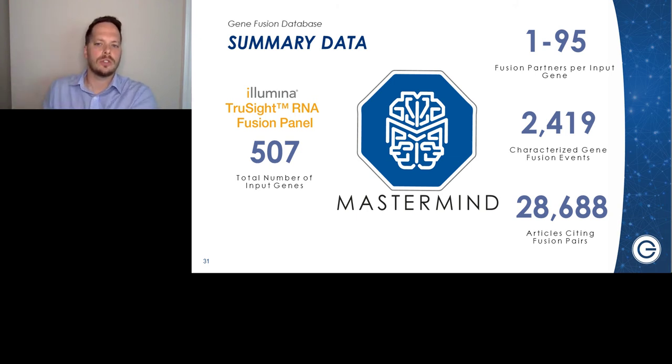And you can see the result there on the right, that for any one of those 500 or so input genes, Mastermind, through its GLP, was able to recognize between 1 and 95 unique fusion partners for each of those different genes, which resulted all in, for those 507 genes, in about 2,500 unique gene fusion events.